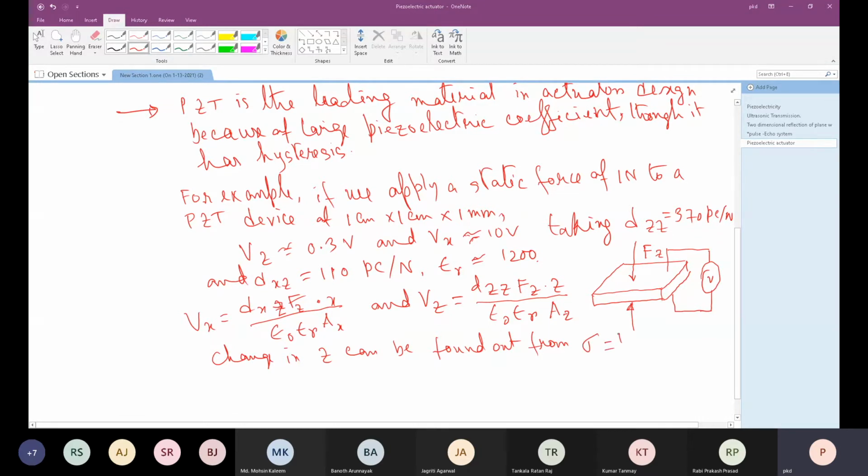Sigma equal to F by A, that is the stress, and delta L, z would be Fz into z by E into Az.